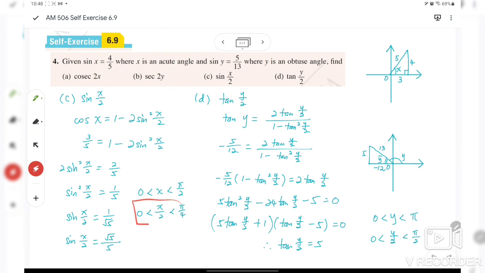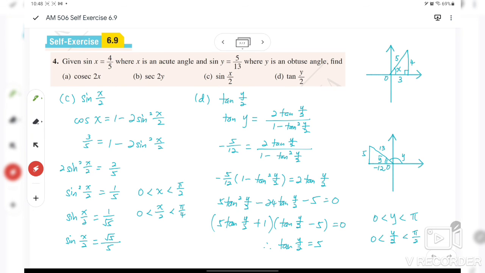So this angle is still in the first quadrant. Therefore, we only get the positive value of sine x over 2, which is 1 over square root of 5, and rationalizing the denominator, we get square root of 5 over 5.